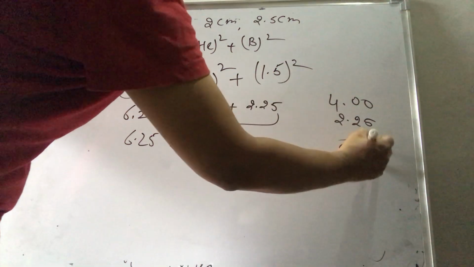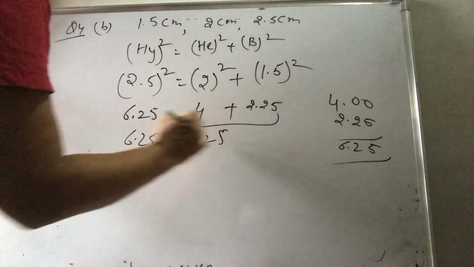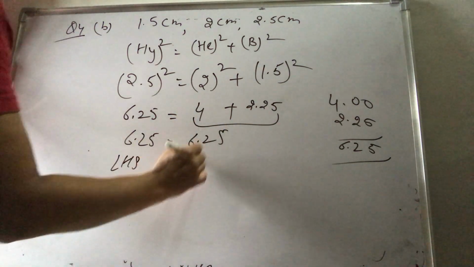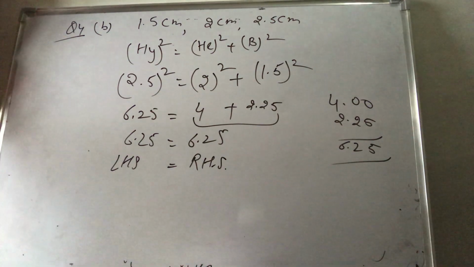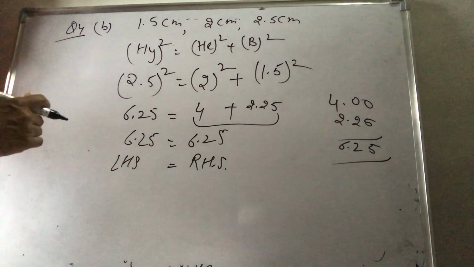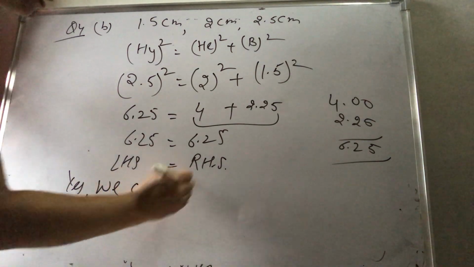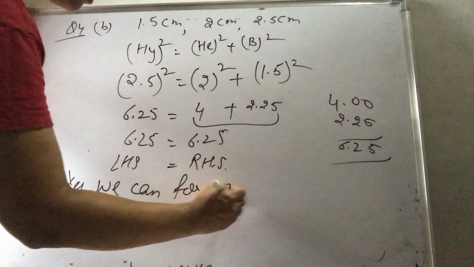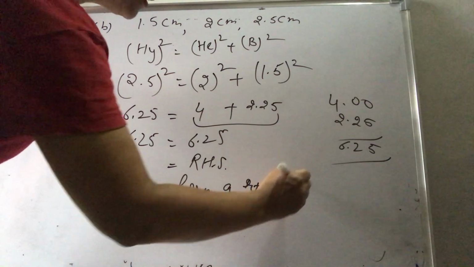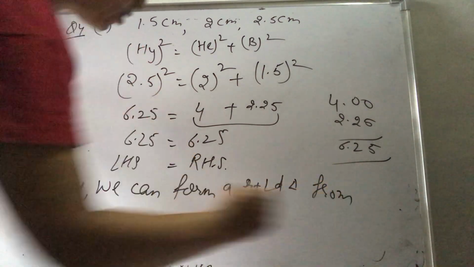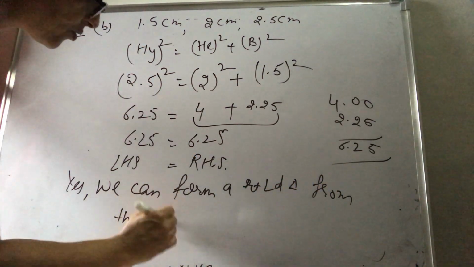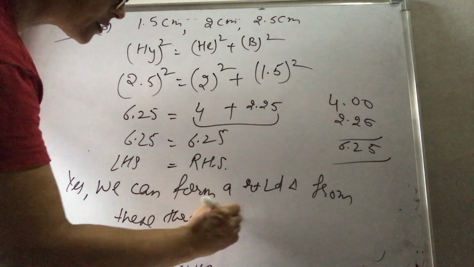That will be 6.25. Our left hand side is equal to right hand side, means Pythagoras theorem is satisfied. It means that yes, we can form a right angled triangle from these 3 measures.